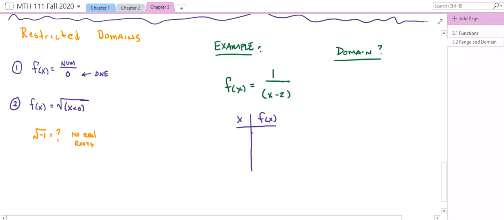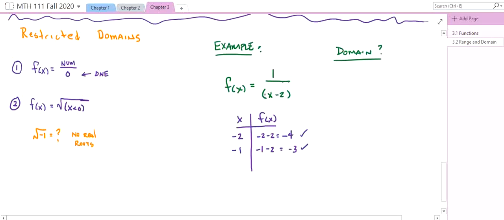So let's examine this. Let's go with negative numbers first. If we have negative numbers, let's say -2, then x minus 2 equals -4. That's okay, that works. -1, we have -1 minus 2 equals -3. That works.